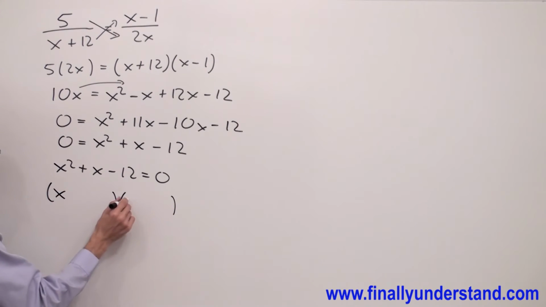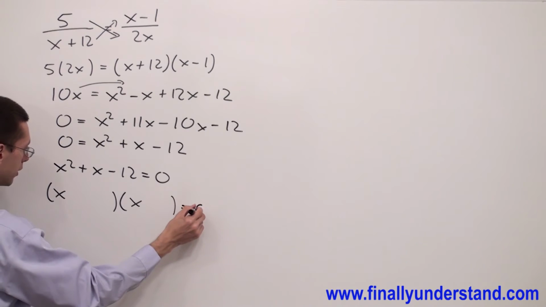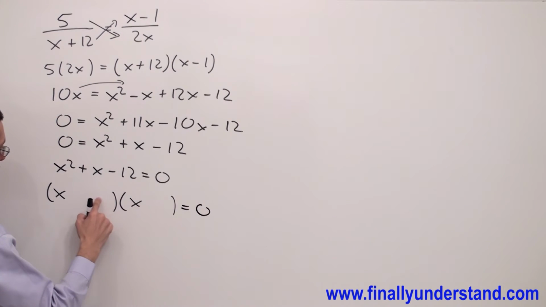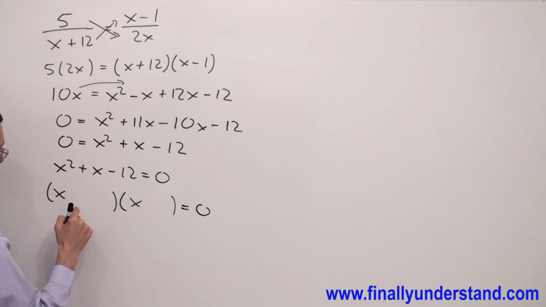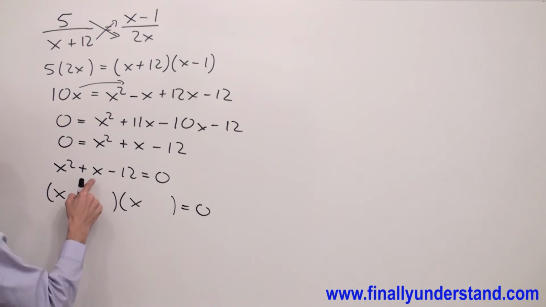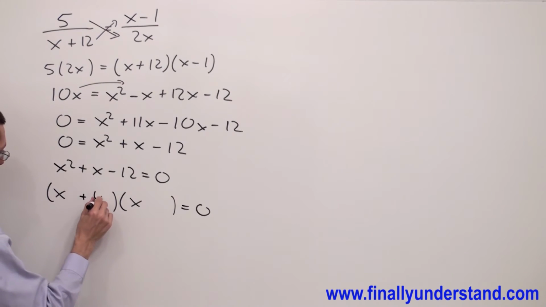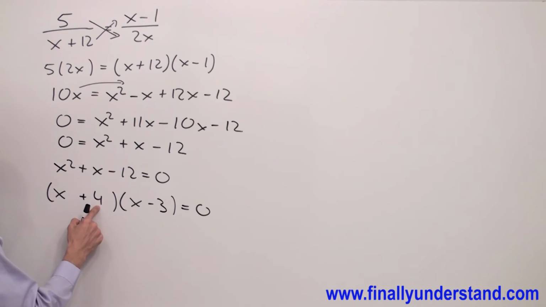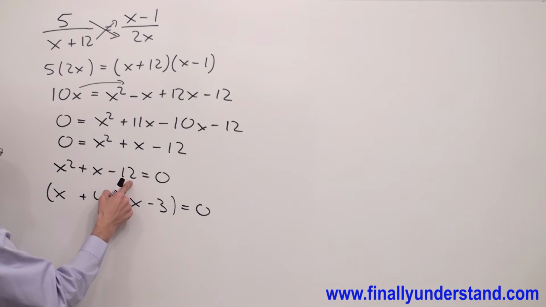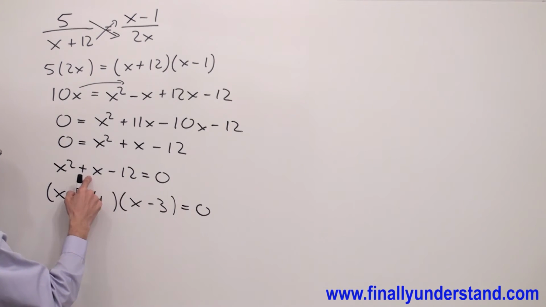I have x, and ask yourself what two numbers, which I have to write over here, multiply by each other are going to give me negative 12, and add to each other are going to give me positive 1. These two numbers are positive 4 and negative 3. Positive 4 times negative 3 gives me negative 12. Positive 4 plus negative 3 gives me 1.